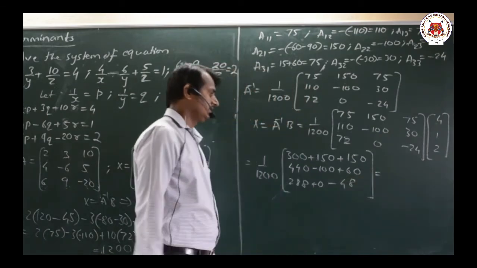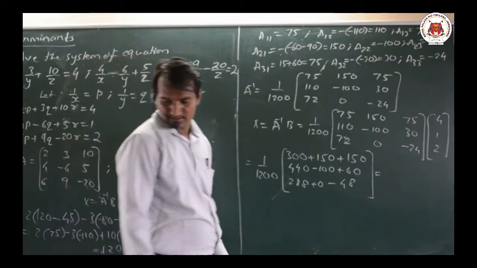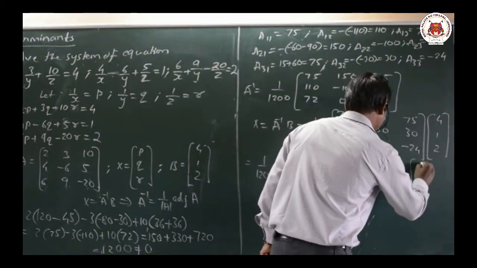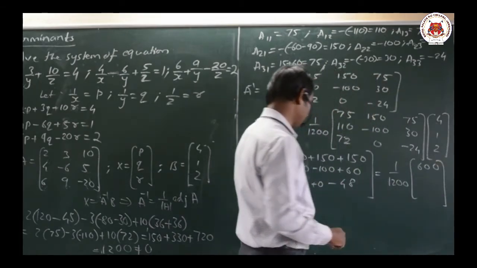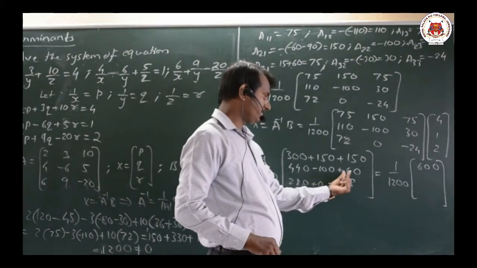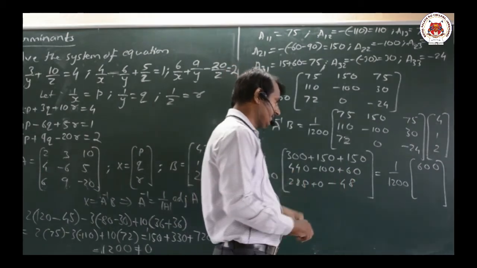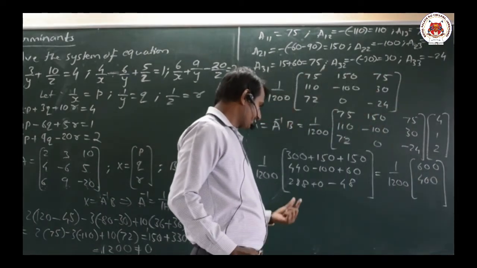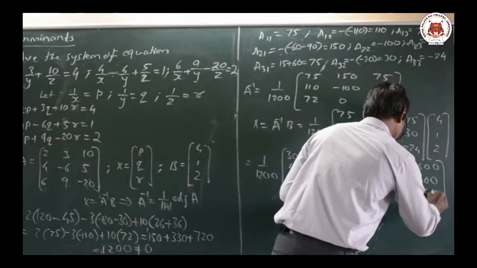Okay, now we can calculate it. We can calculate it and we can find out the value here. That is nothing but here 1 divided by 1200 into 600 values we are getting. Next one is here we can observe that minus 100 plus 60. Okay, that is nothing but here minus 40. Minus 40 becomes 400. Next one is 288 minus 48, that becomes 240.